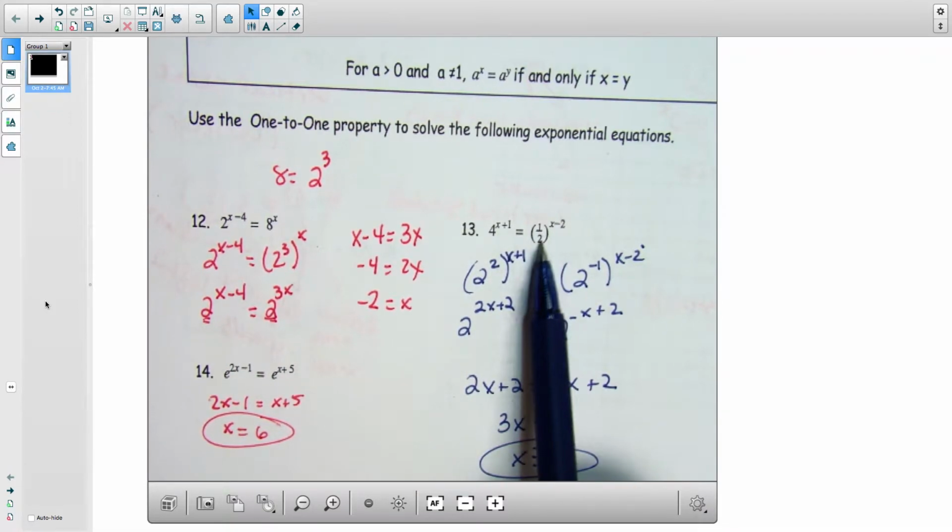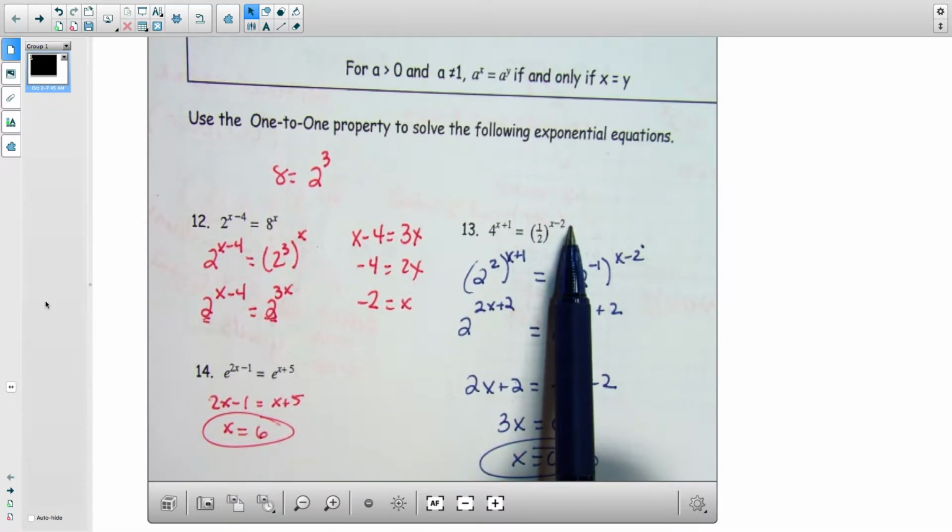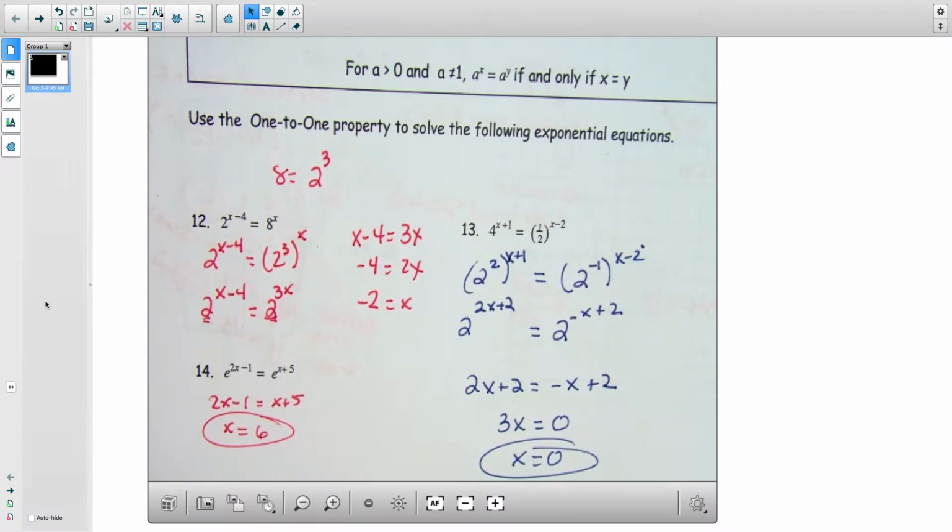This will be 1/2 to the -2, which would be 2 to the 2, which gives us 4, so it works. Questions there? So for these ones, we're only worried about the exponents. That's all we're doing, because the bases have to be the same first. And then we just set the exponents equal. Okay?